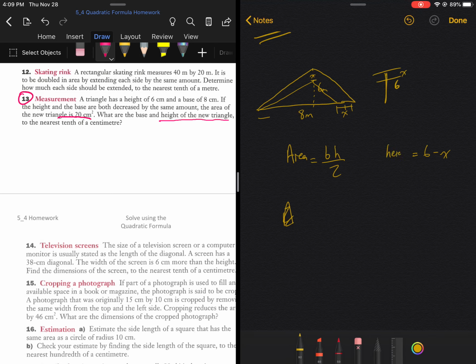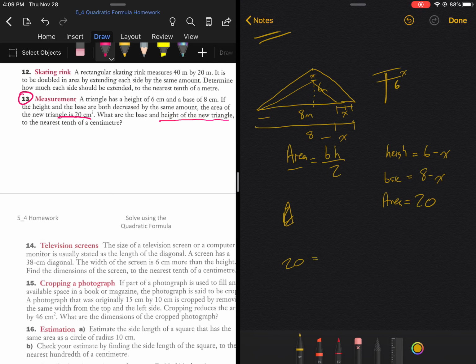Same thing with the base. This here is the base. It used to be 8. We took away x. Base equals 8 minus x.